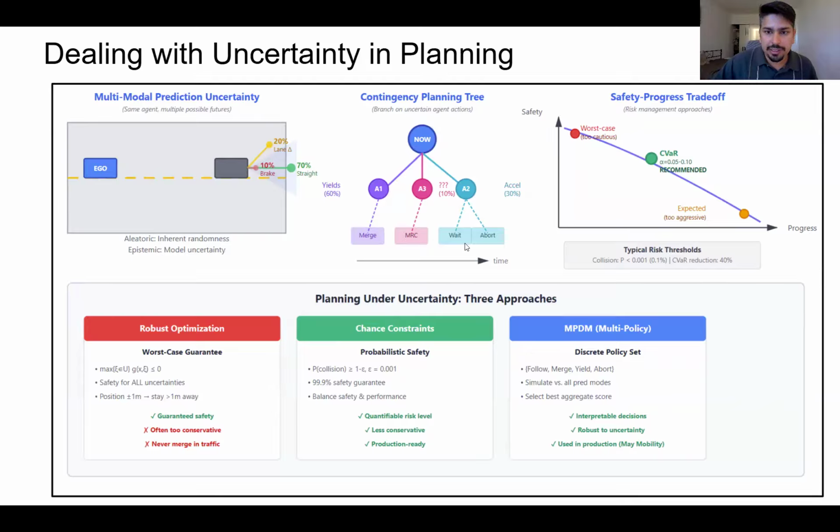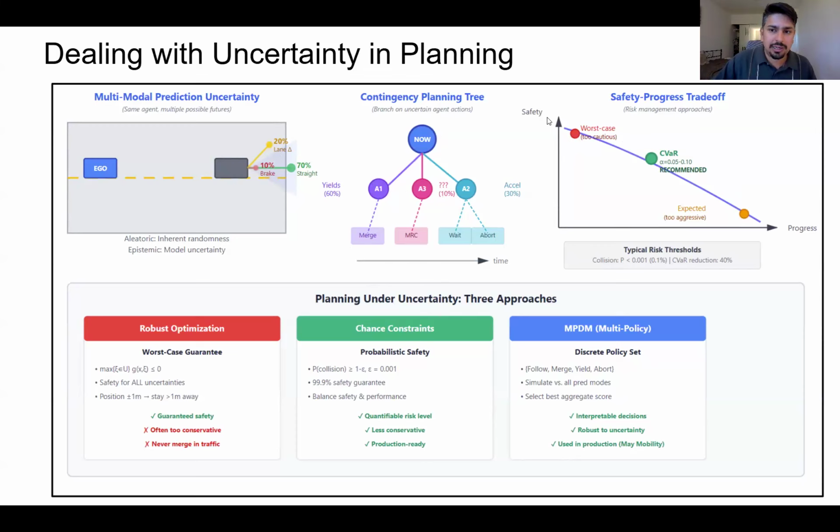And this goes for modeling any kind of interaction or agent or prediction. I've shown an example of how you would deal with, let's say, three different actions with different probabilities. So you can yield, you can accelerate, and you don't know what the other one is. How do you deal with many of these actions when you're doing planning? These are three cases that I'm showing here.